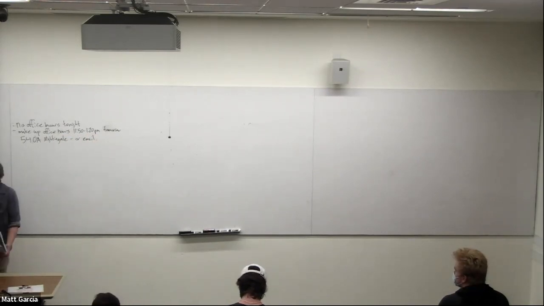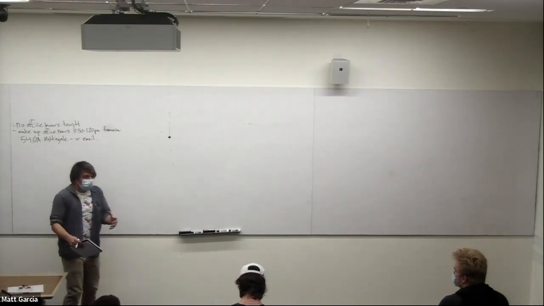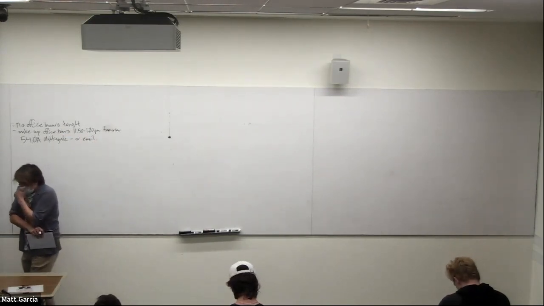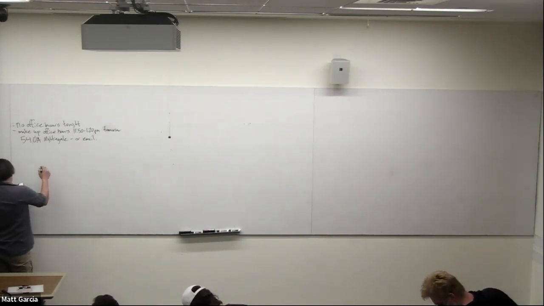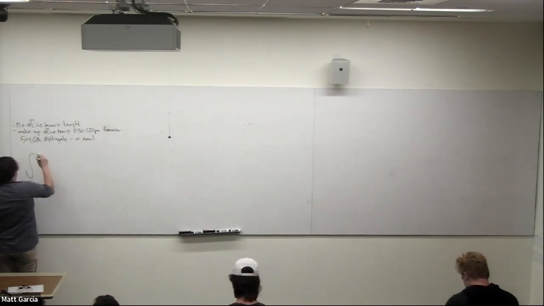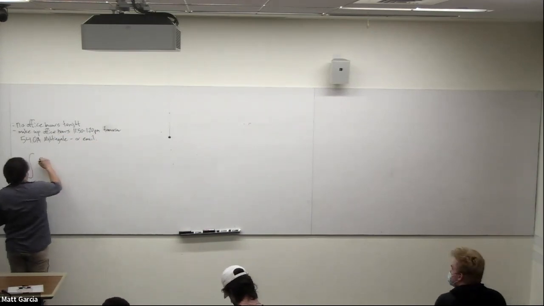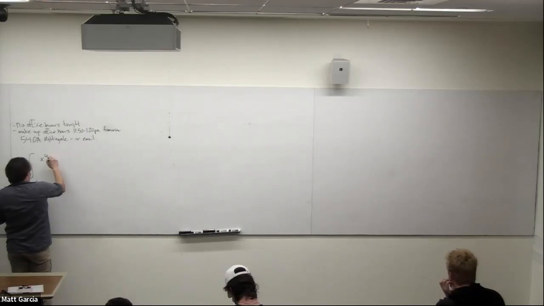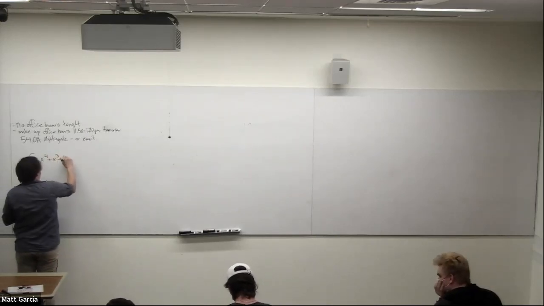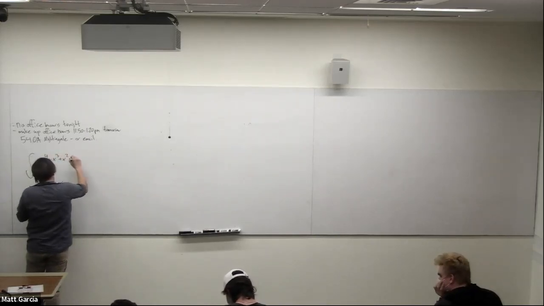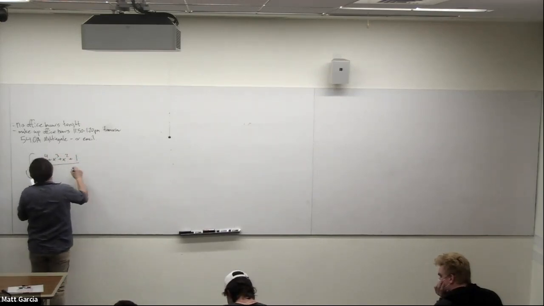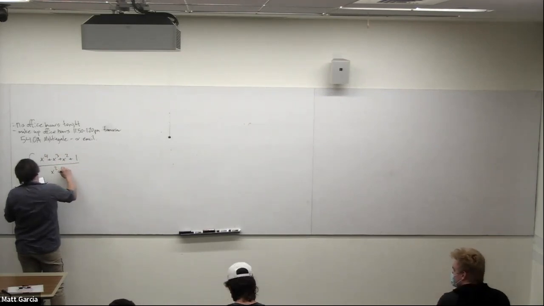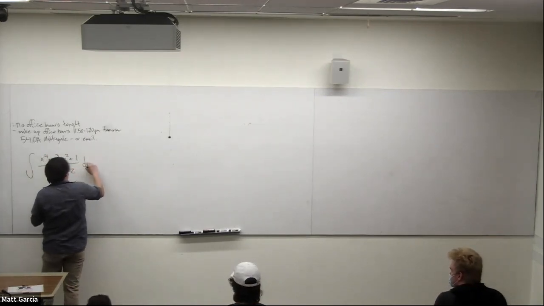Okay, so on Monday, we left in the midst of an example where we had to recall how to do polynomial division, right? So we were attempting to calculate the following integral, x to the fourth plus x cubed plus x squared plus 1 divided by x squared plus x minus 2 dx.